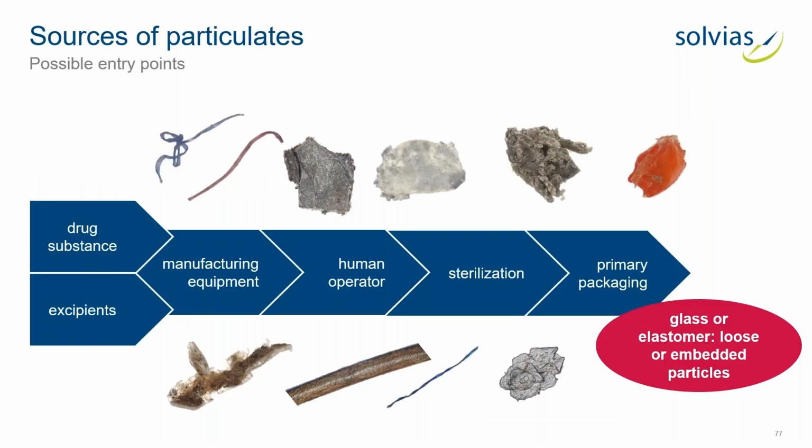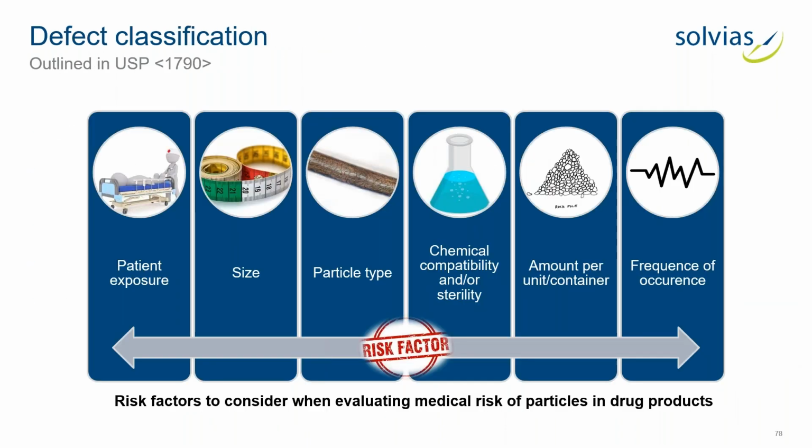This is an overview of all the potential sources where particulate matter might enter in your manufacturing. It can be in the starting materials, it can be somewhere in the excipients, it can come from manufacturing, it can come from some operator handling, and it can be from the packaging material as well. And all these different sources of contamination can, of course, lead to a quite diverse particle population.